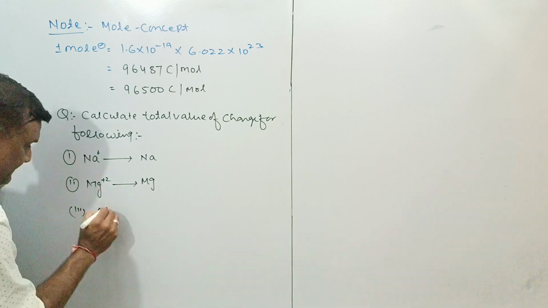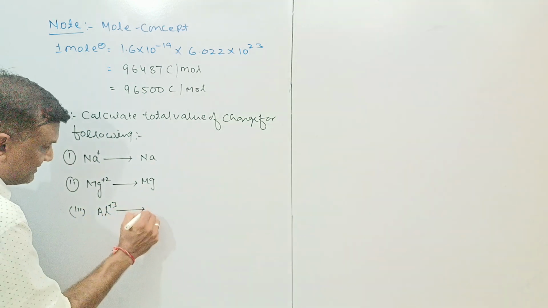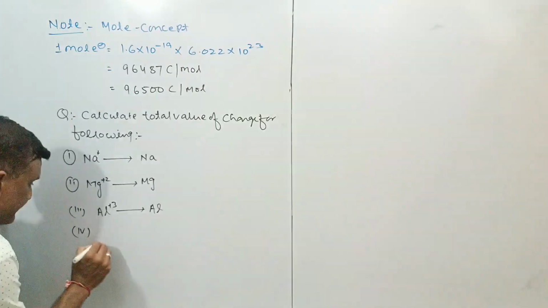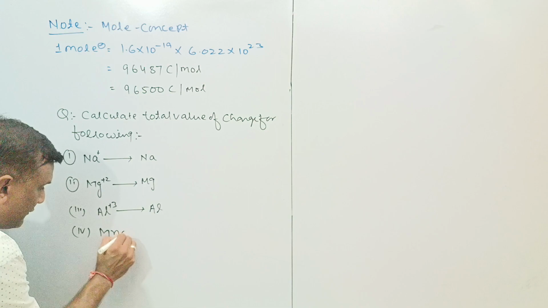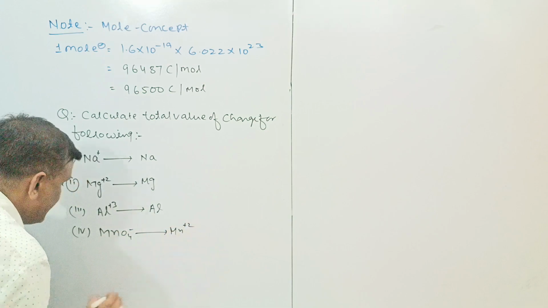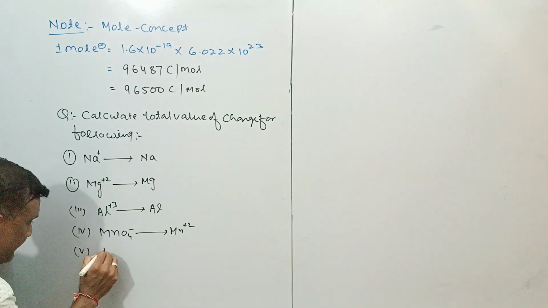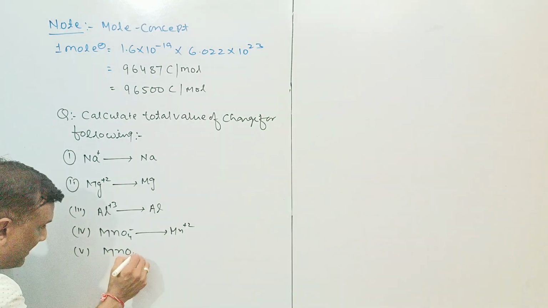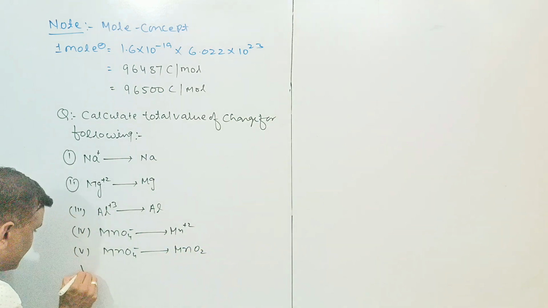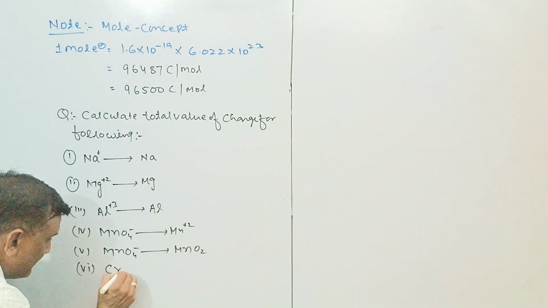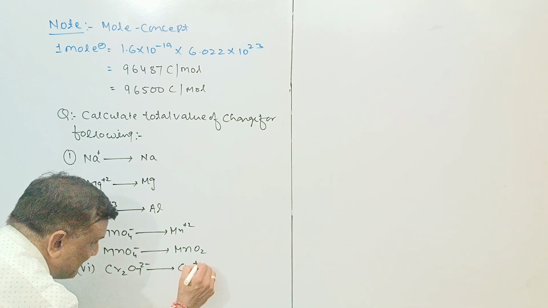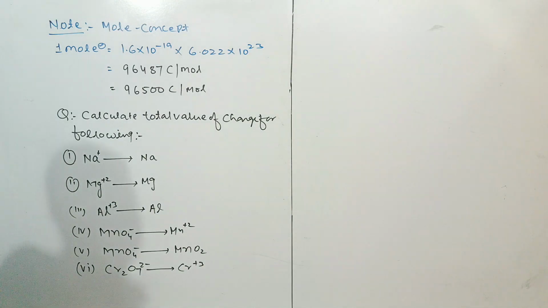The third question: Al plus 3 changes to Al. The fourth question: MnO4 minus changes to Mn plus 2. The fifth question: MnO4 minus changes to MnO2. The sixth question: Cr2O7 2 minus changes to Cr plus 3. These are the important questions.